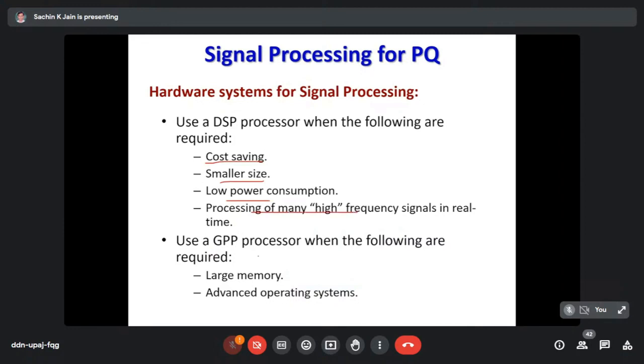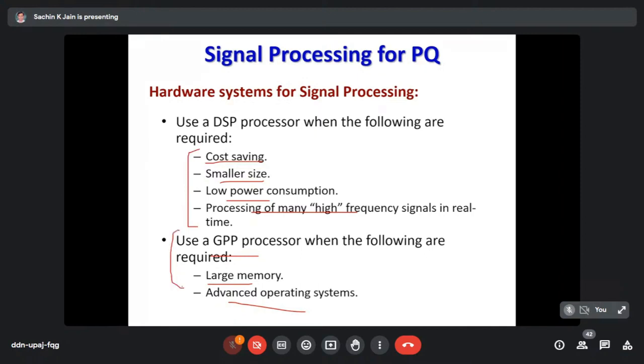But GPP is used when there is a need for large memory or advanced operating systems, because these DSPs cannot work with advanced systems like Windows or Linux. In MATLAB or other applications, we need to use GPP.